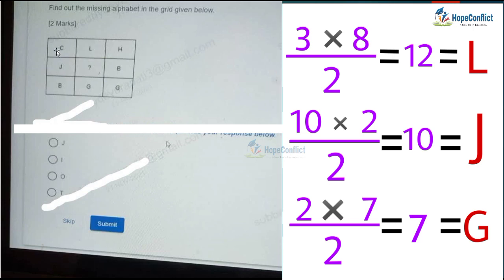That is, if we multiply the corresponding codes for column 1 and column 3 and divide by 2, then we will get our corresponding result in the second column. So for the second row, if we multiply J, for which the code is 10, and B, which is 2, and divide by 2, it will be 10. So for this, the answer is J, which is option A.